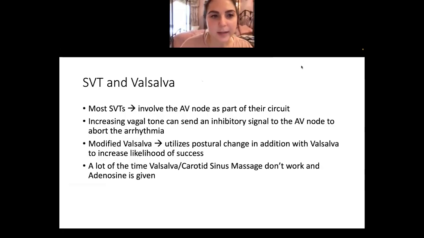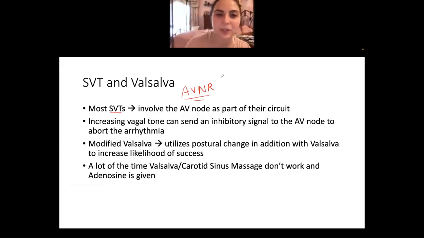So, SVT and Valsalva. A lot of the time, a lot of SVTs involve the AV node. A lot of SVTs are AV nodal re-entry tachycardias. A lot of them, not all of them, but a lot of them are. And it's because, like I said, the AV node is the most important node. Yes, the SA node's a pacemaker, but everything has to go through the AV node.